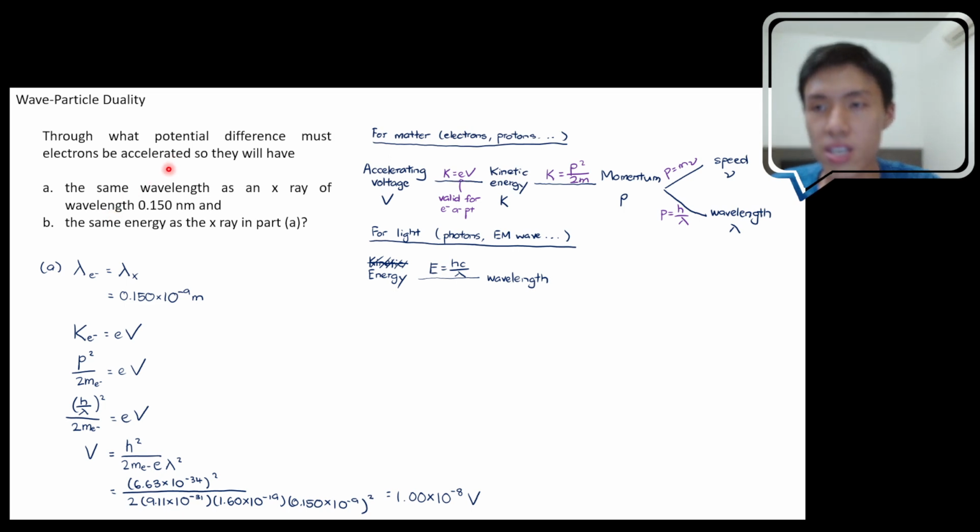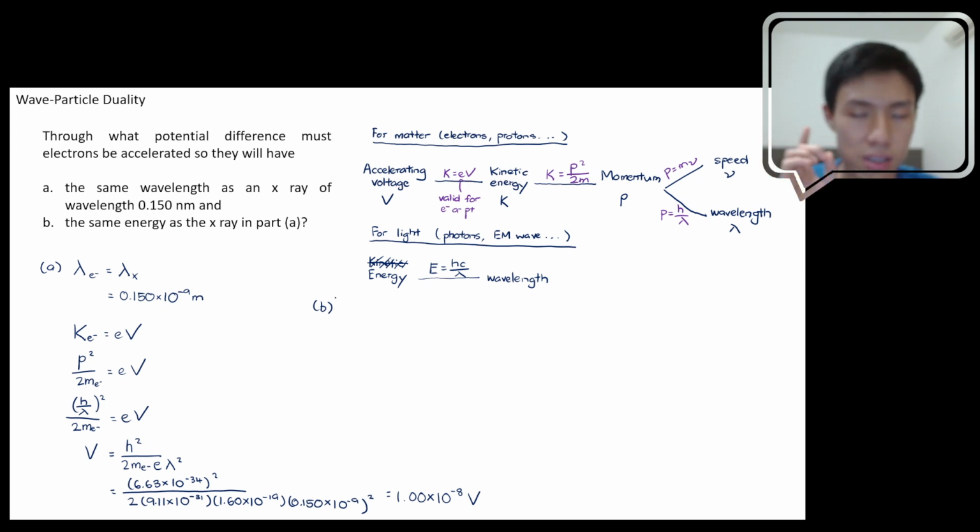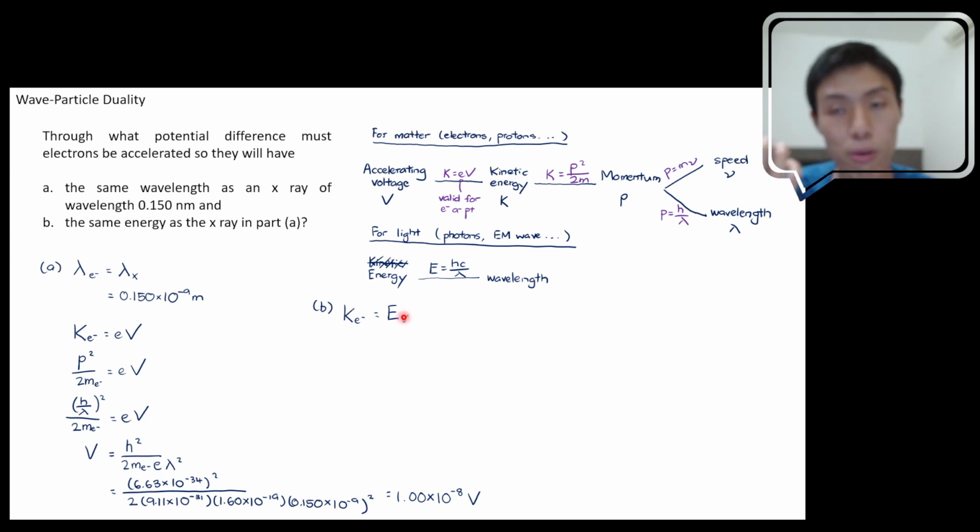Next, for question B, they want the electron to be accelerated so that it has the same energy as the X-ray in part A. So for question B, the relation is not that the wavelength is equal. Instead, they're saying that energy is equal. They want the kinetic energy of the electron to be the same as the energy of the X-ray in part A. X-ray is a form of light, an electromagnetic wave, inside the electromagnetic spectrum.